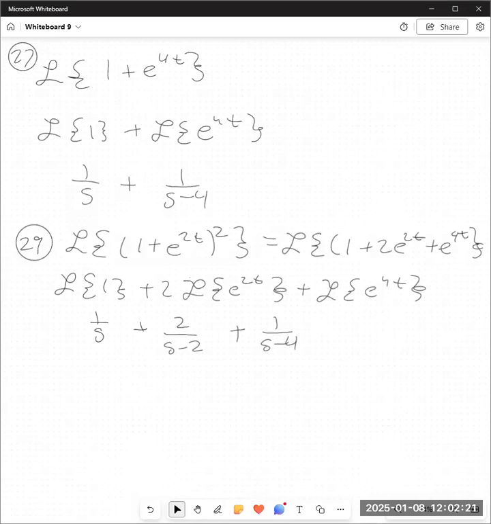Let's go ahead and look at number 31 here, and that'll wrap things up for us for this section.